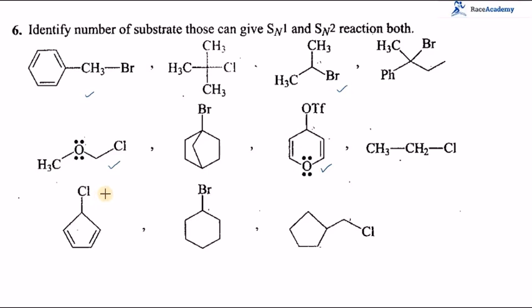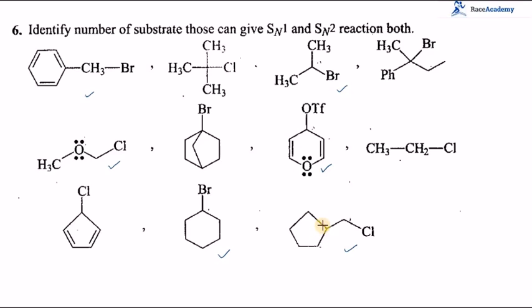So carbocation formation is not that easy in this case. See this one, we have a secondary, so it is possible. The last one, if you see, is a carbon ring structure without double bonds, so this is also possible.